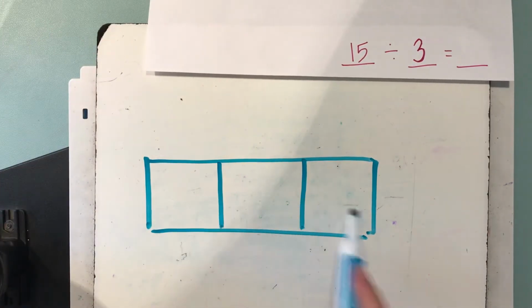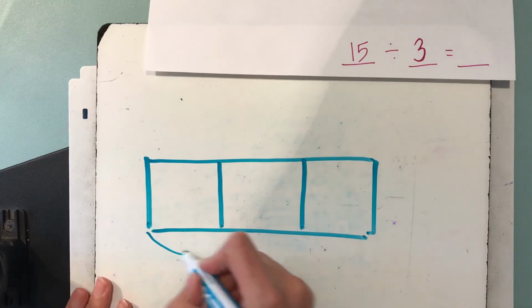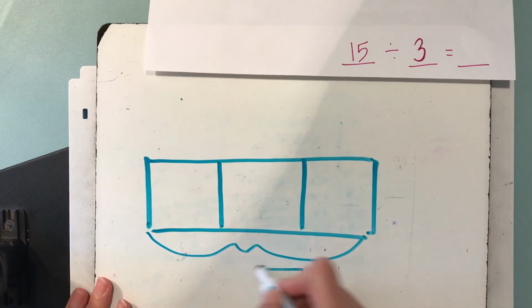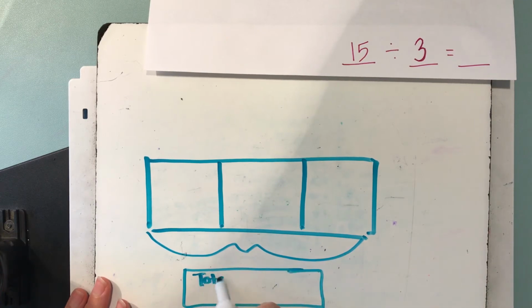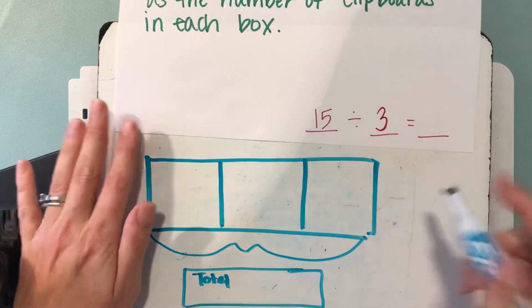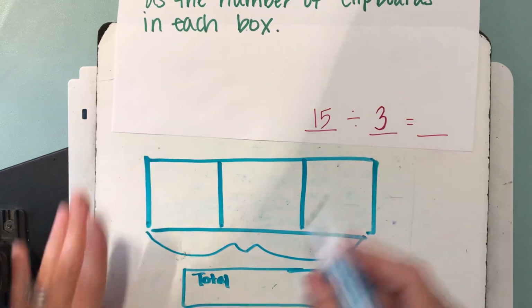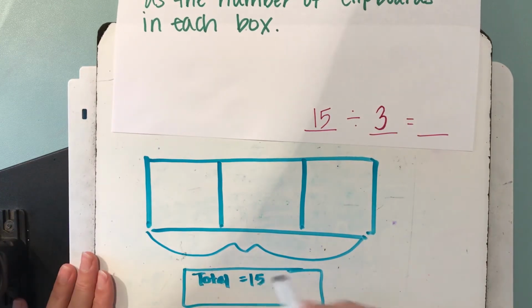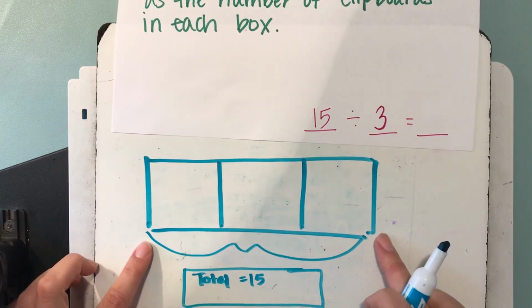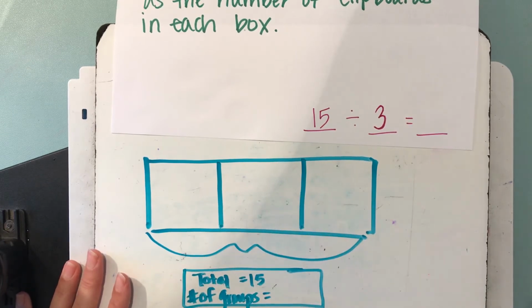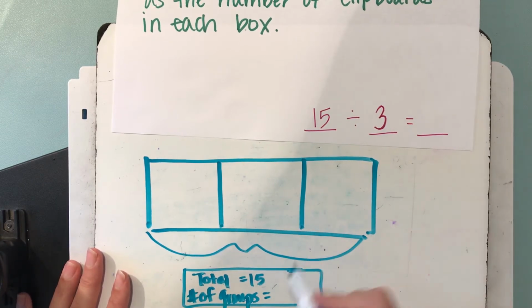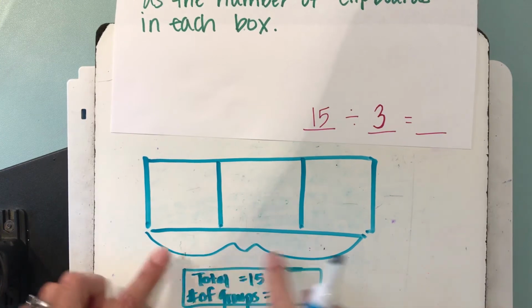Okay, so I know that I have 3 groups, and I already know the total. So I know the total here is, what was it? 15. So that's what this represents, and we know the number of groups. How many groups do we have? 3. So that's what this represents.